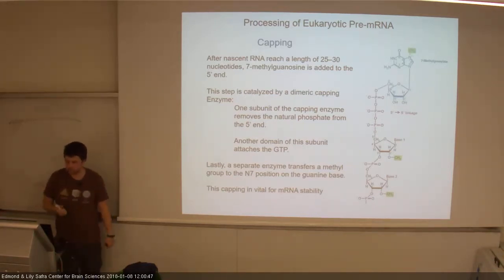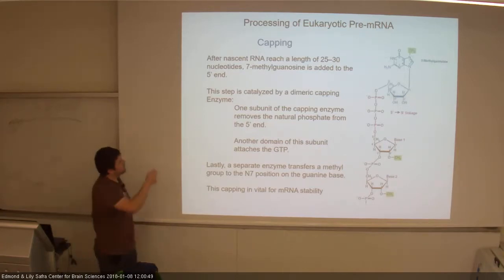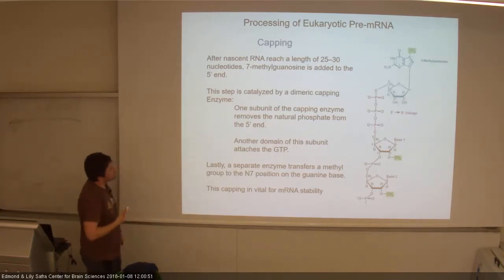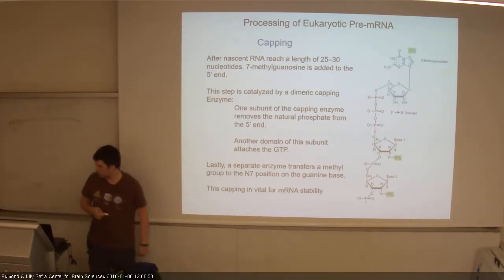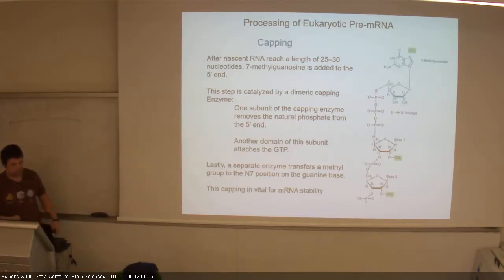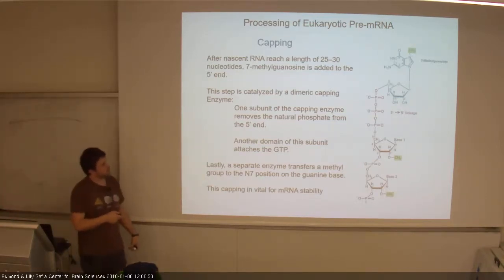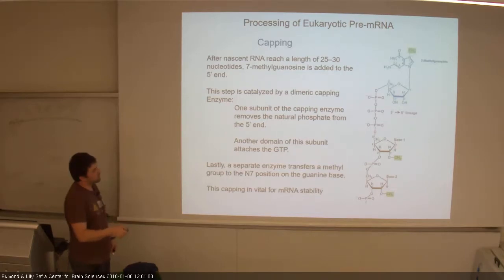And this is done in 3 steps. One, there's an enzyme that removes the terminal phosphate from the 5 prime end of the RNA. Another one adds a GTP to this end. You see, this is the GTP that's being added.